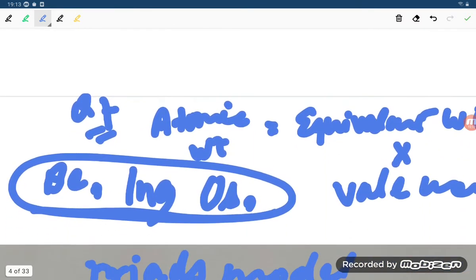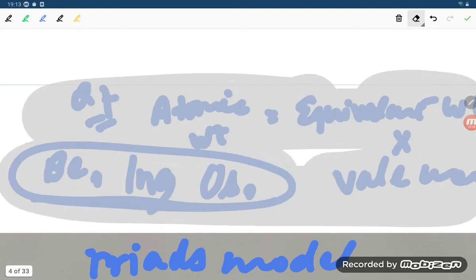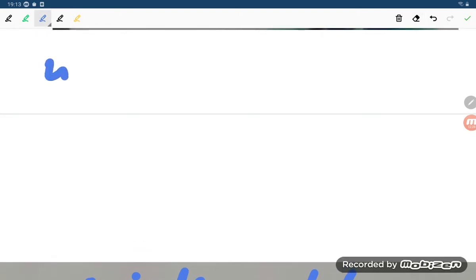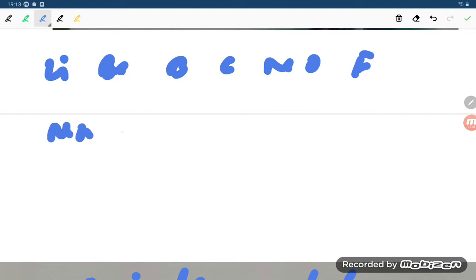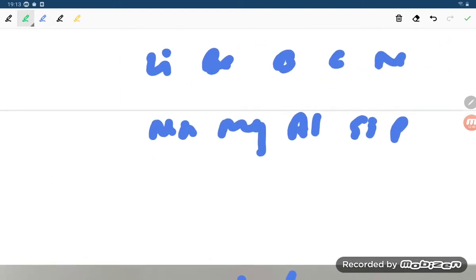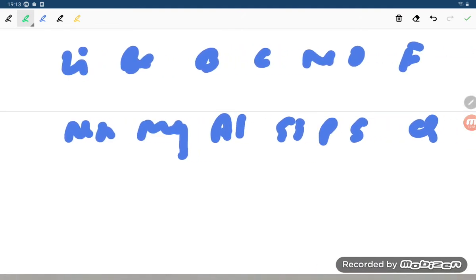Now let us see, for the sake of understanding, what Newlands said, student. Take the elements lithium, beryllium, boron, carbon, nitrogen, oxygen, fluorine. Then come sodium, magnesium, aluminium, silicon, phosphorus, sulfur, chlorine. He said that every eighth element is similar in properties to the first element.